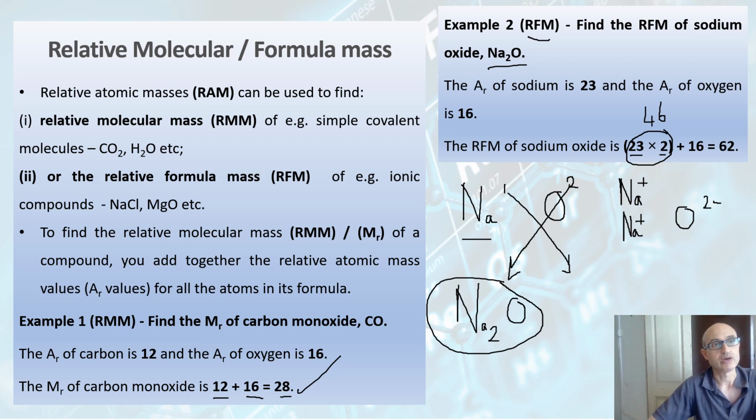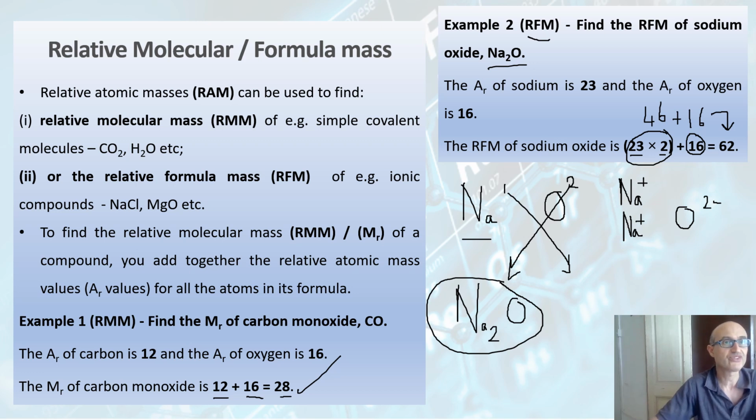Now, for every 2 sodiums there is just 1 oxygen. Oxygen has an RAM of 16, there you go. And therefore, to calculate the RFM, the relative formula mass of sodium oxide, I add together the 46 and the 16, and so my result is of course 62.